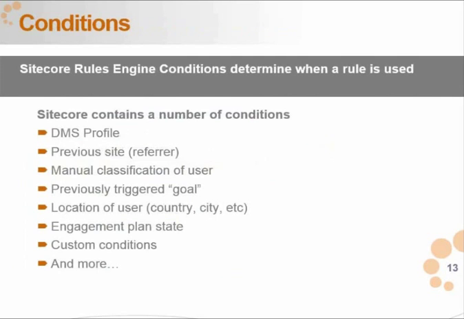With the Sitecore rules engine, we can define the rules based on criteria, and there are a lot of criteria that we are talking about. The first one is the DMS profile.